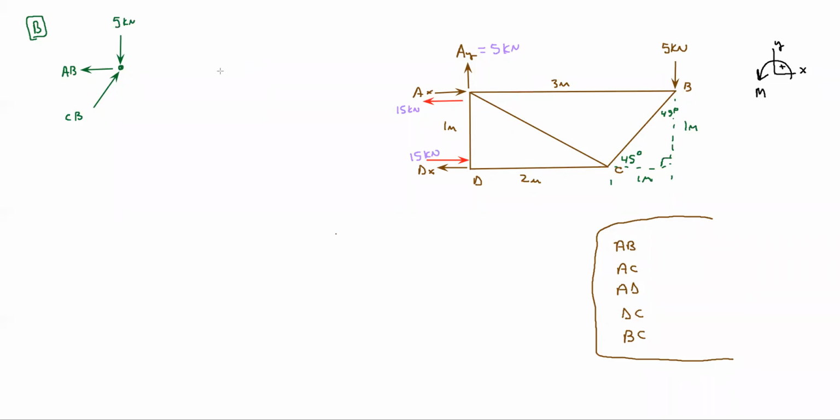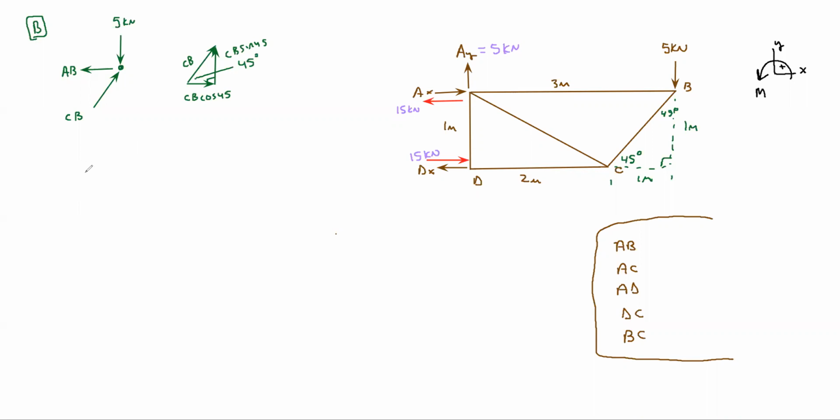CB is at 45 degrees. That means the x component is CB cosine 45, and the y component is CB sine 45. All right, we are set to go.